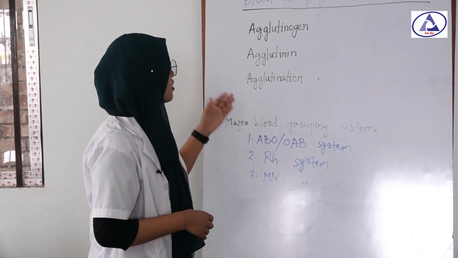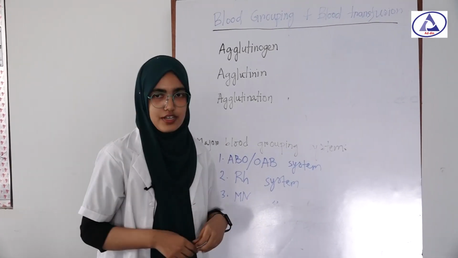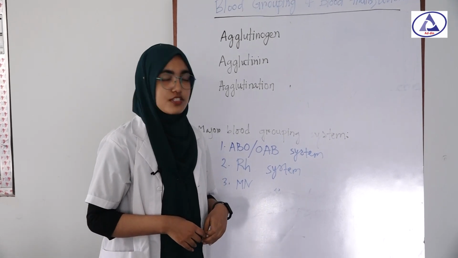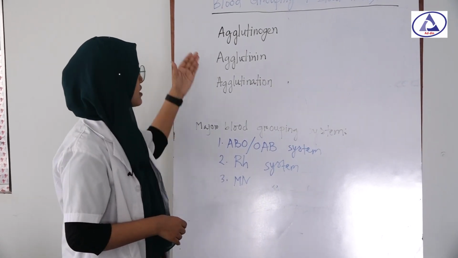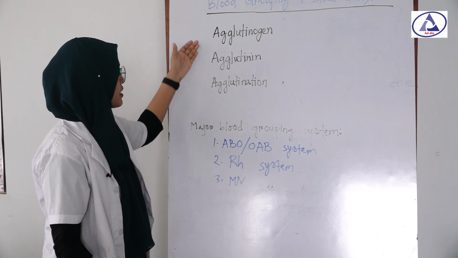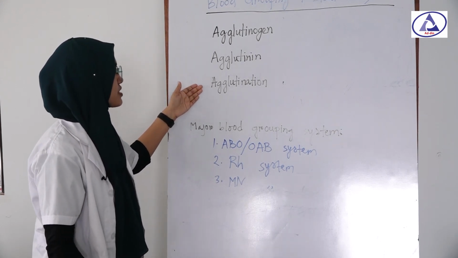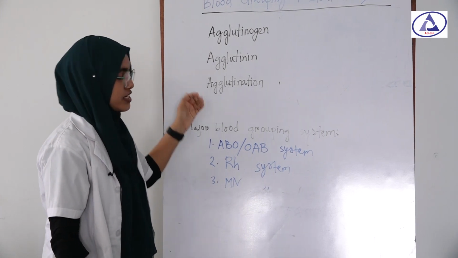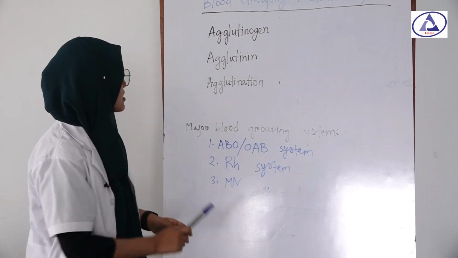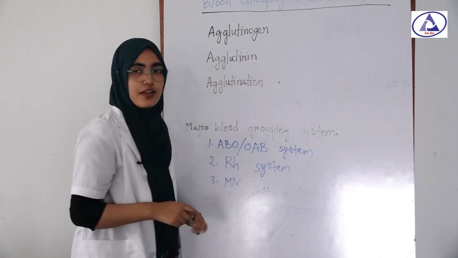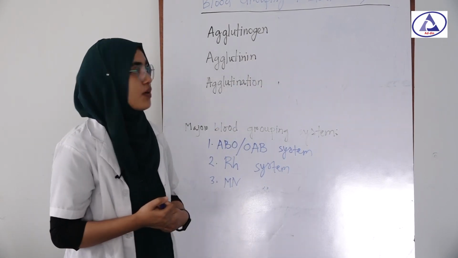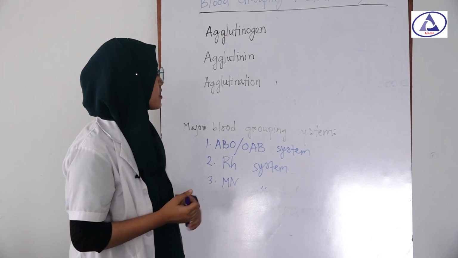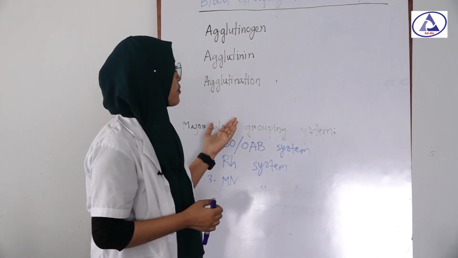To understand blood grouping and blood transfusion properly, at first we have to be familiar with these three terms. One is agglutinogen, agglutinin, and agglutination. What is agglutinogen? Agglutinogens are antigens which are glycoprotein or mucopolysaccharide.